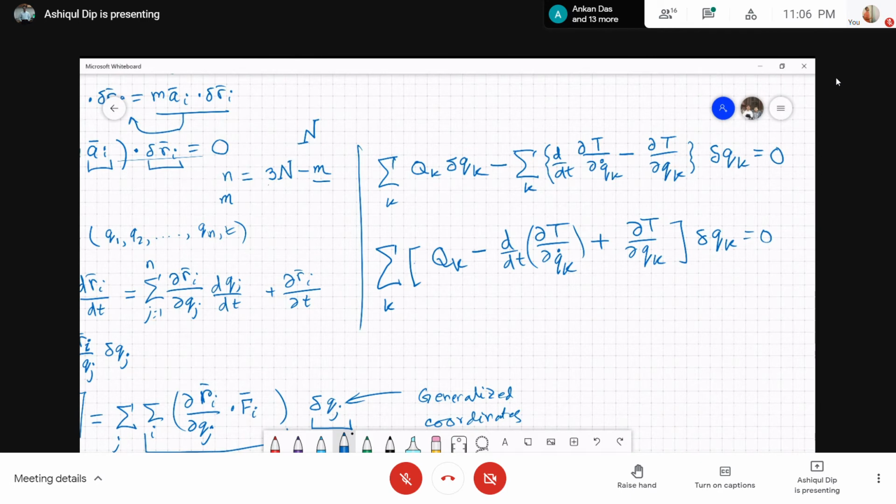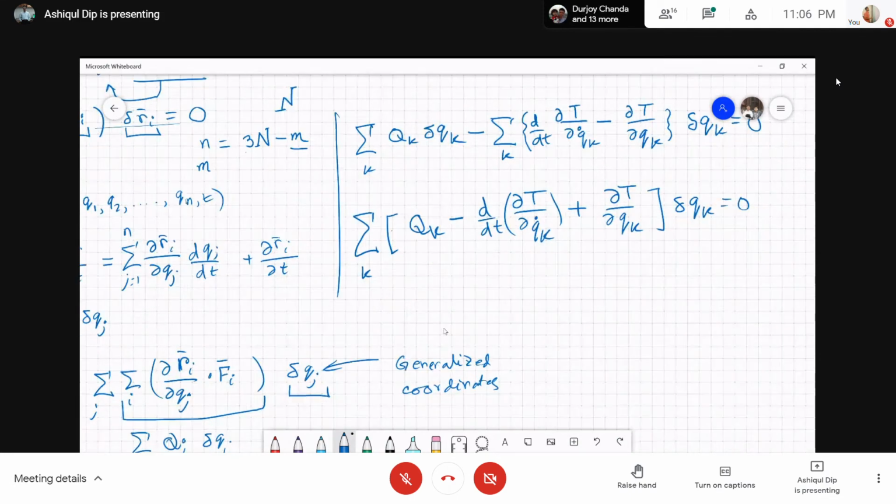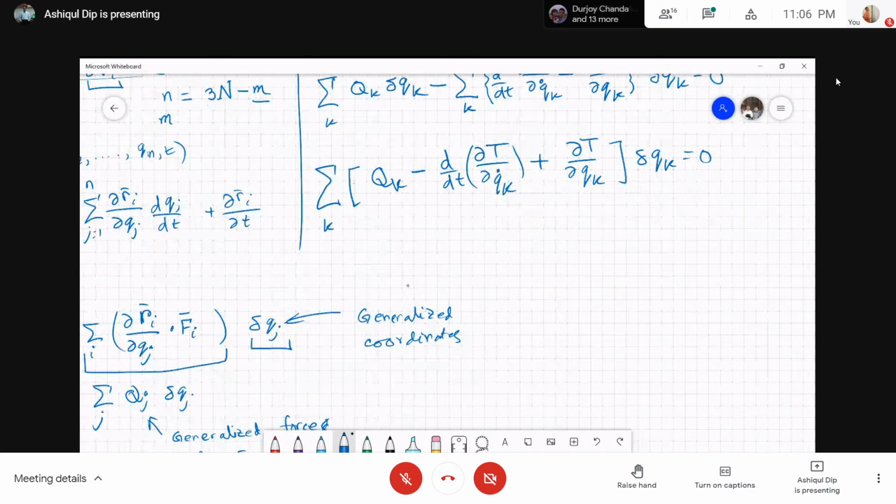Now this whole sum has to be 0, and each variation of coordinate is totally arbitrary. You can fix one and vary the other. Independent. So each of them must have a coefficient equal to 0, otherwise it won't hold. Those variations are linearly independent.